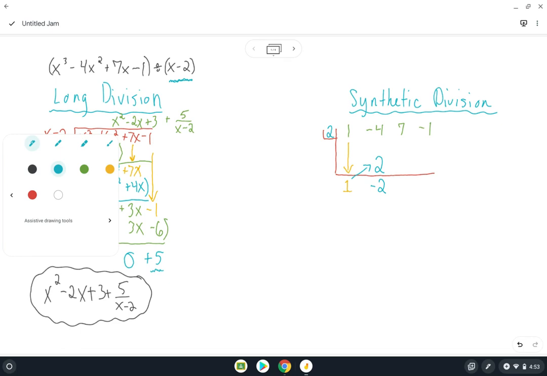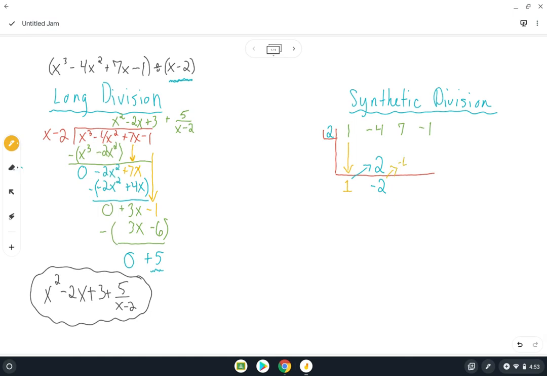So 2 times negative 2 is negative 4. Once again, we'll add and bring it down. 7 plus negative 4 is 3. Once again, we will multiply. 2 times 3 is 6. Negative 1 plus 6 is 5.